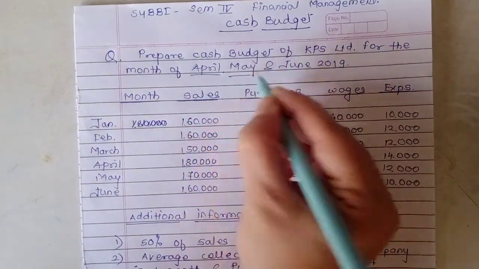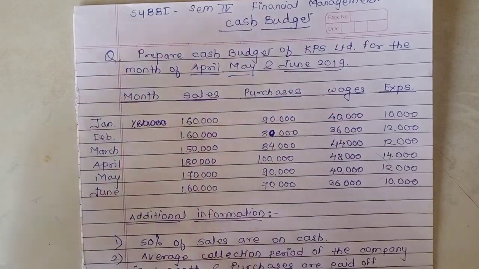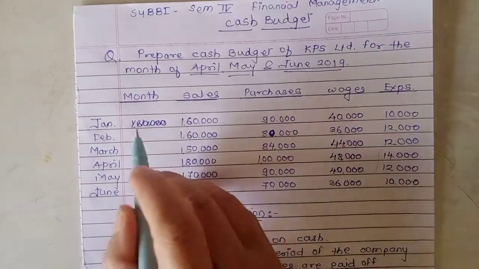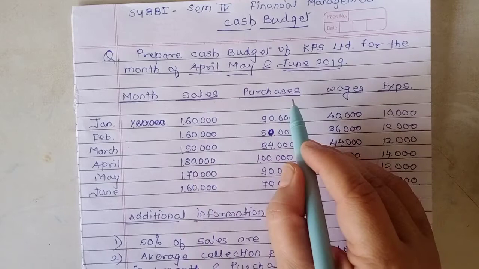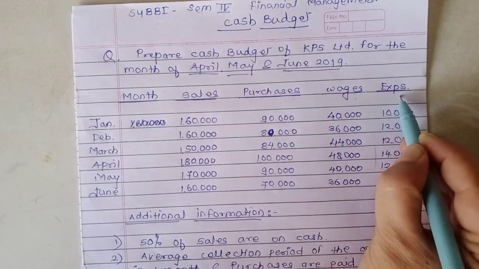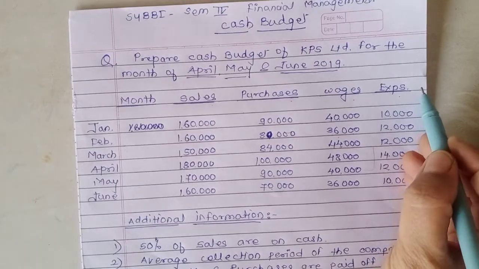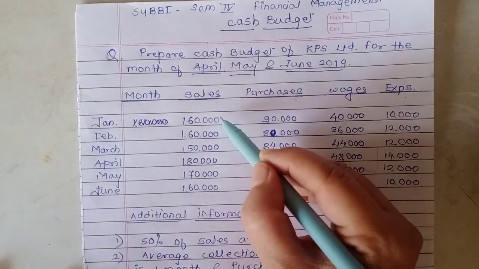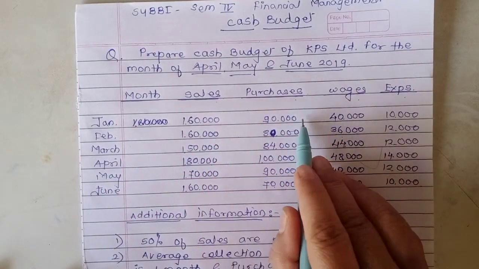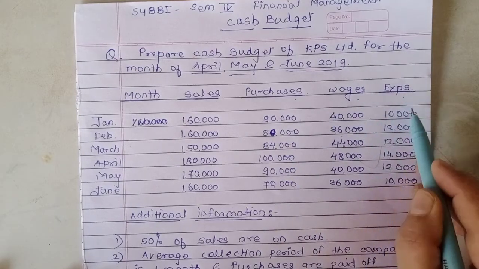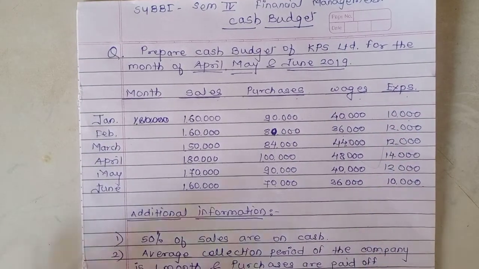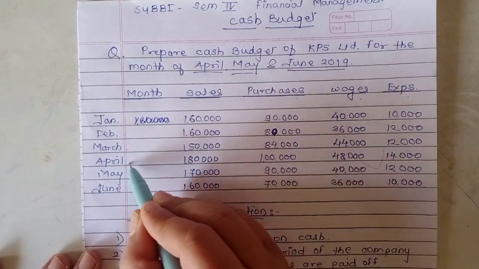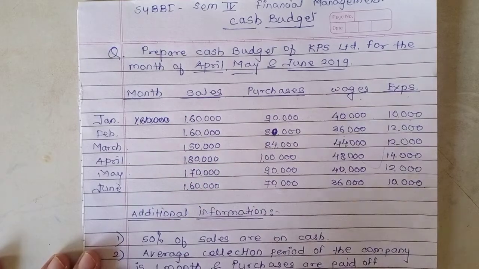Let us see the information given to us: month, sales, purchases, wages and expenses. For January, sales 1,60,000, purchases 90,000, wages 40,000 and expenses 10,000. Like that, the same information is provided for February, March, April, May and June.